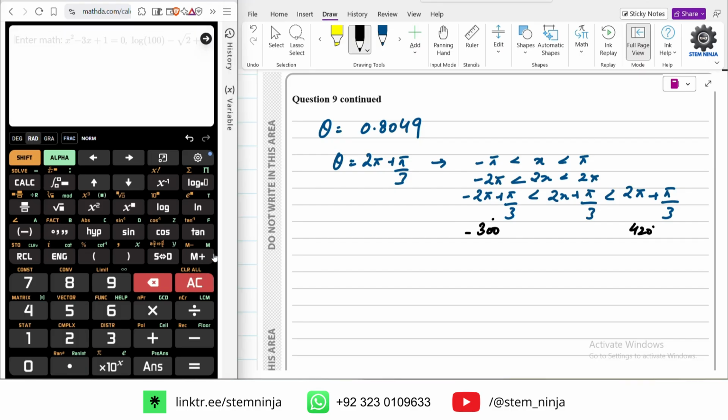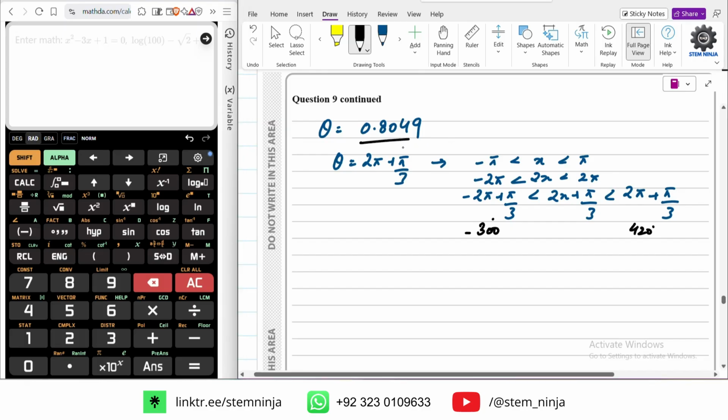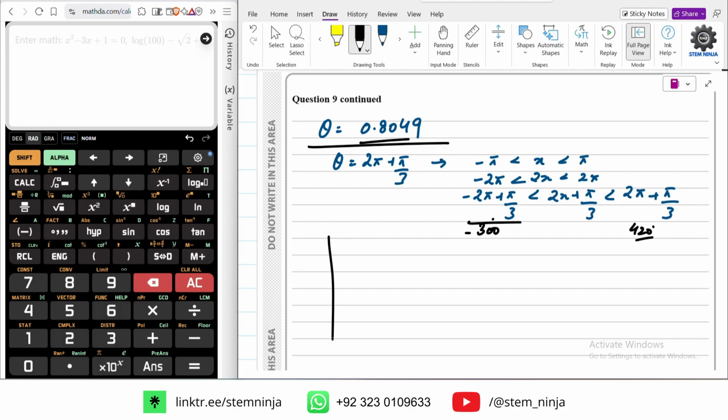So in degrees this would be this case. Now we just need to see some possible answers for theta in this range, from minus 300 to 420. So we can do this with the help of the graph also, and we can do this with the help of the CAST diagram also.